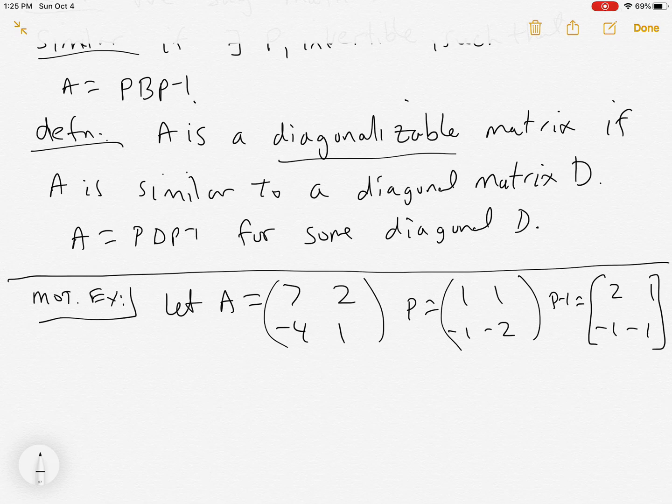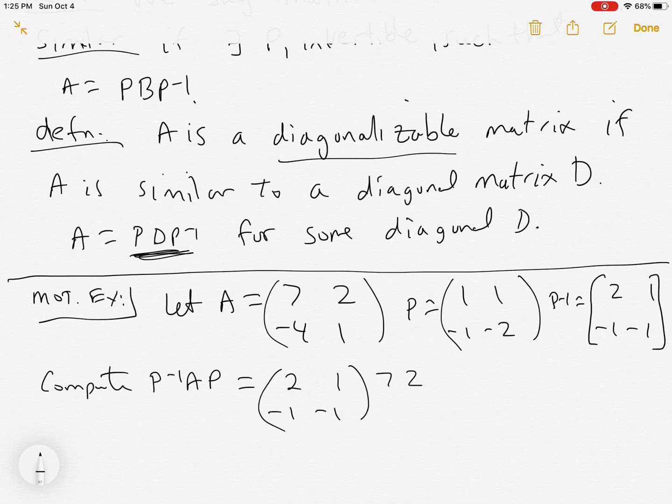Okay, so let's compute. So I'm going to unravel this. Let's compute P inverse A P, which is 2, 1, minus 1, minus 1, times A, times P, 1, 1, minus 1, minus 2.